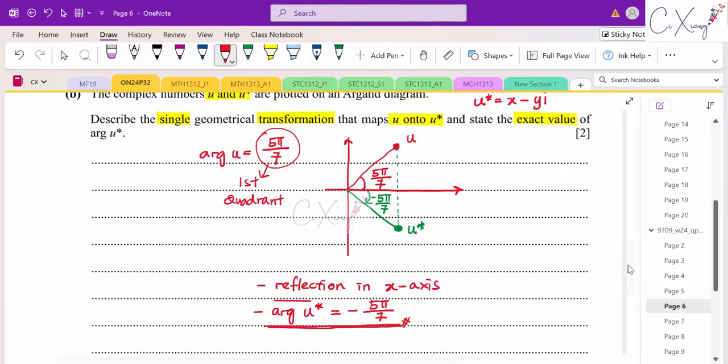So this is what the question wants us to write. Don't forget about the diagram. Then the reflection, the transformation, and also the argument for the u conjugate. So this is how we solve question number 5.